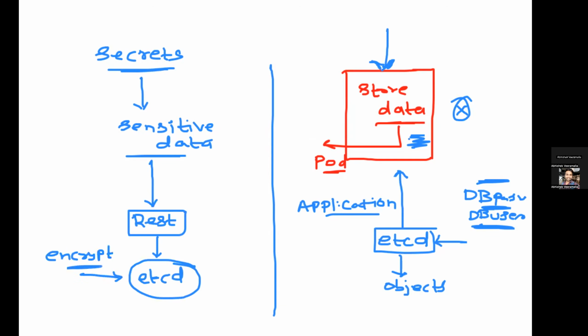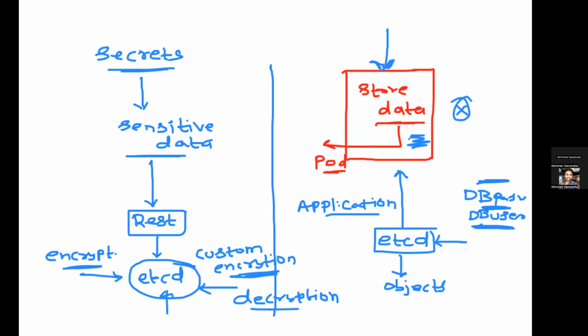By default, Kubernetes uses a basic encryption, but it also allows you to use your own encryption mechanism, like a custom encryption. You can pass these values to the API server, so that whenever the API server is feeding information to etcd, it uses this custom encryption. And even if a hacker is trying to access etcd, he does not know the decryption key, so he cannot read the information from etcd.